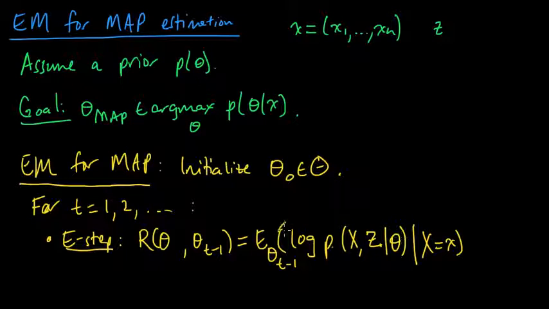So this is the conditional expectation of this joint probability given theta.